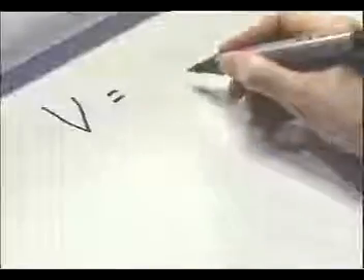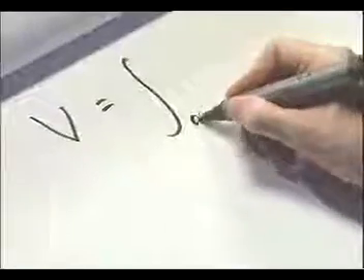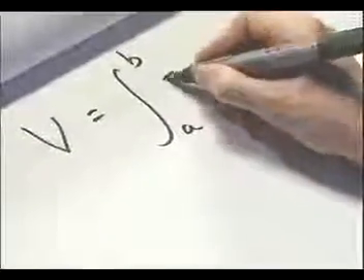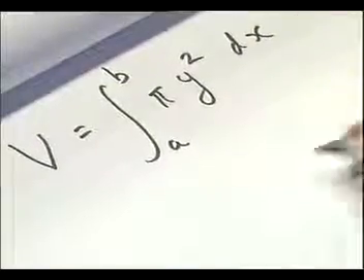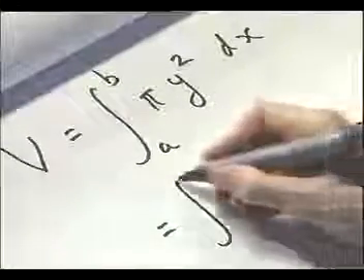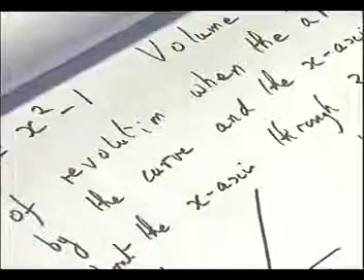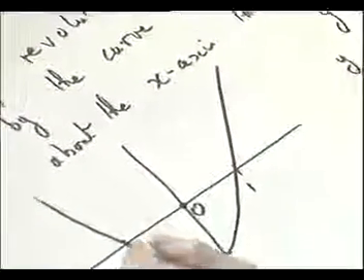So we begin with V equals the integral from a to b of pi y squared dx equals. First of all, let's identify the limits of integration. Well, this was where the curve passed through the x-axis.